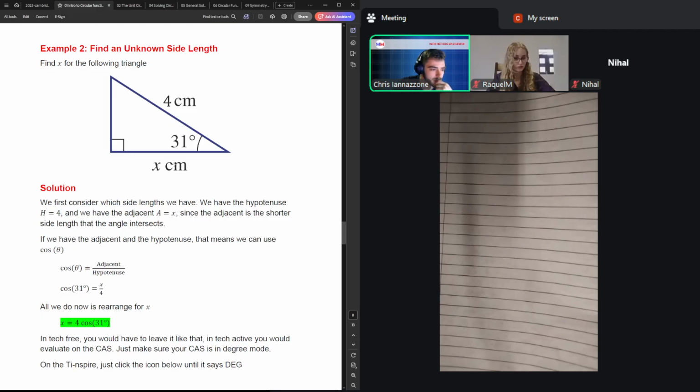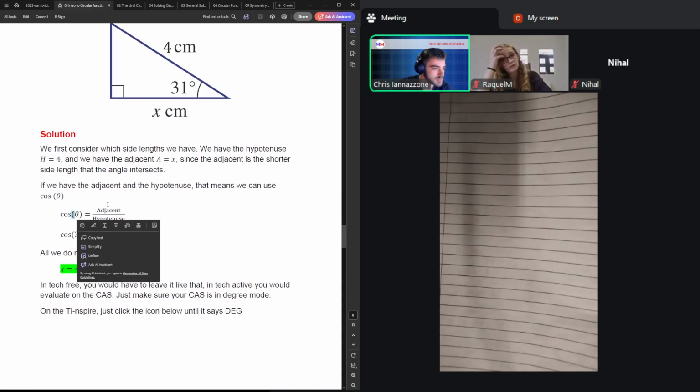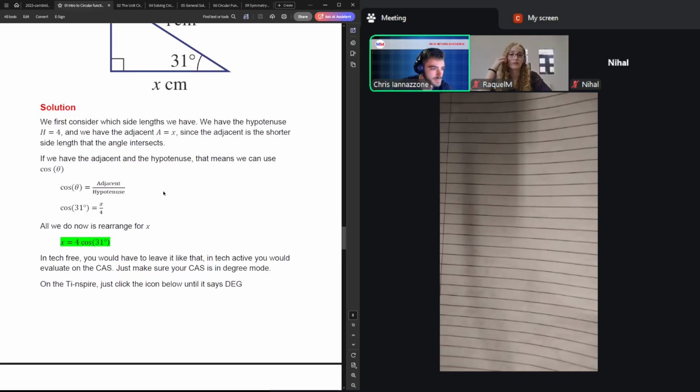So your goal is to figure out which of sine, cos, or tan have all of those things in it. Which of them have an angle? All of them do. Which of them have a hypotenuse? That's going to be cos and sine. Which of them have an adjacent? Only cos. So you just plug in everything you need and then rearrange for the thing that you're trying to solve, wherever the x ends up, which in this case was the adjacent.